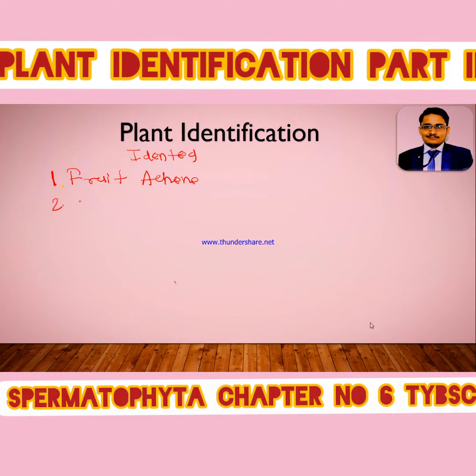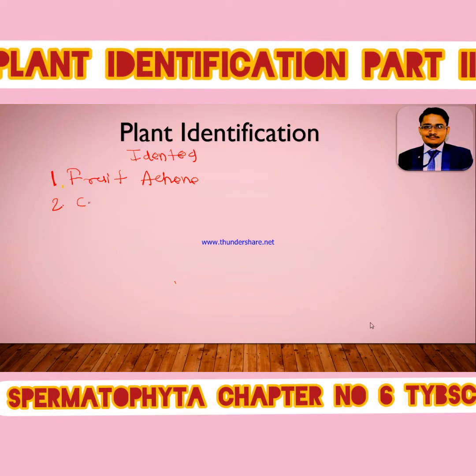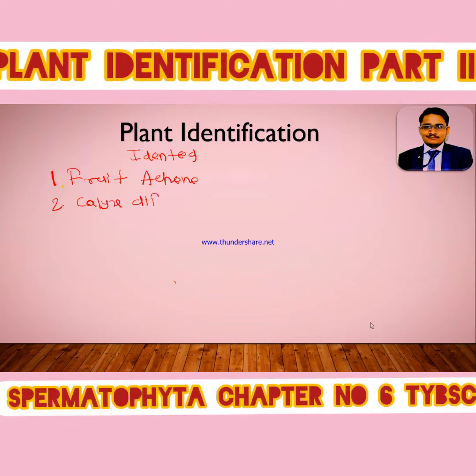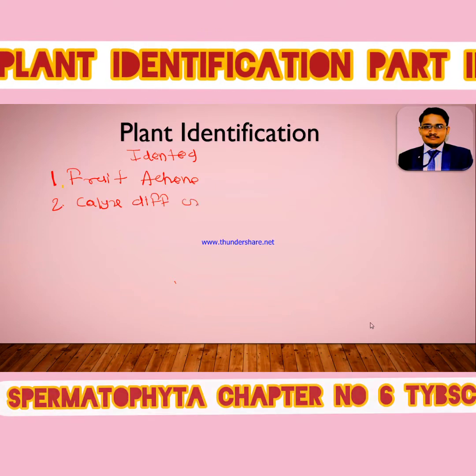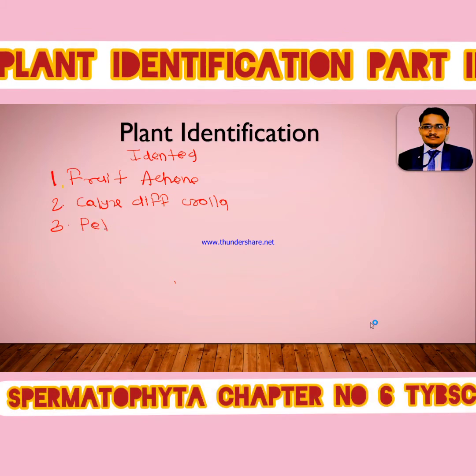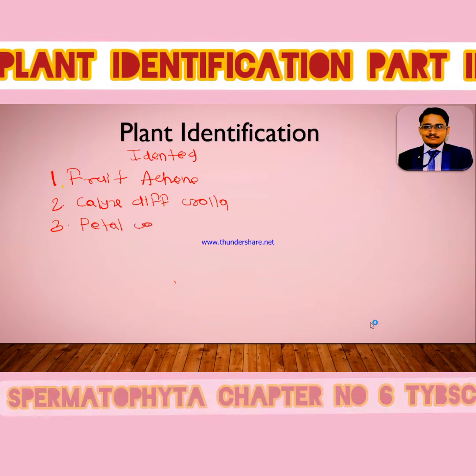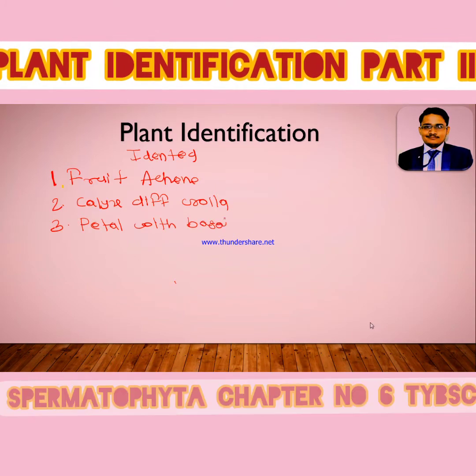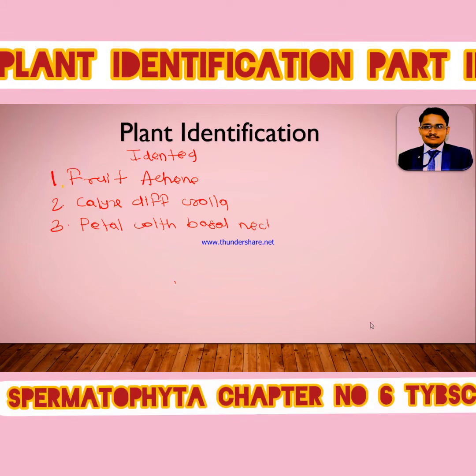Second character: calyx differentiated from corolla. Then third: petal with a basal nectary.